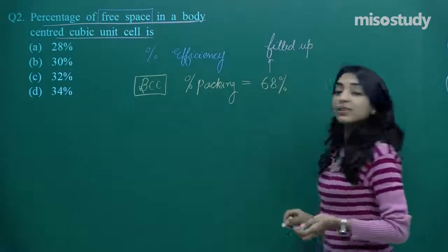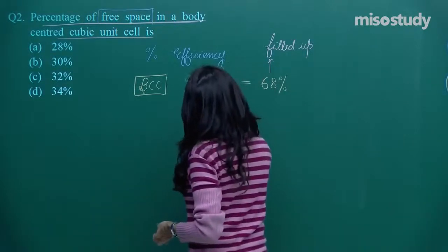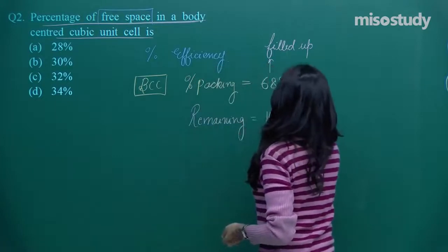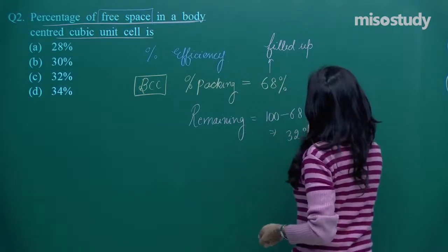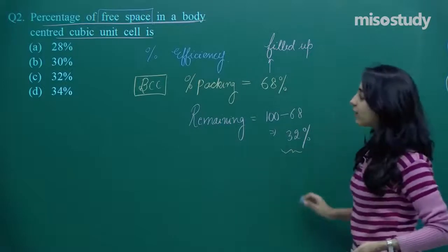So if 68% of the space is filled up, the remaining will be 100 minus 68, which will give you 32%. Okay, let's see if there is an answer.